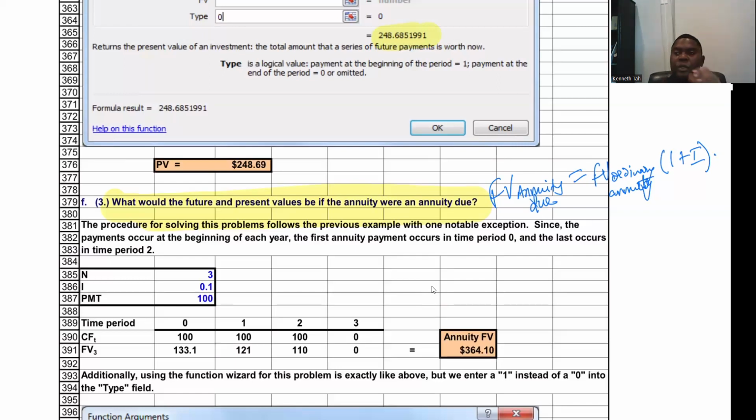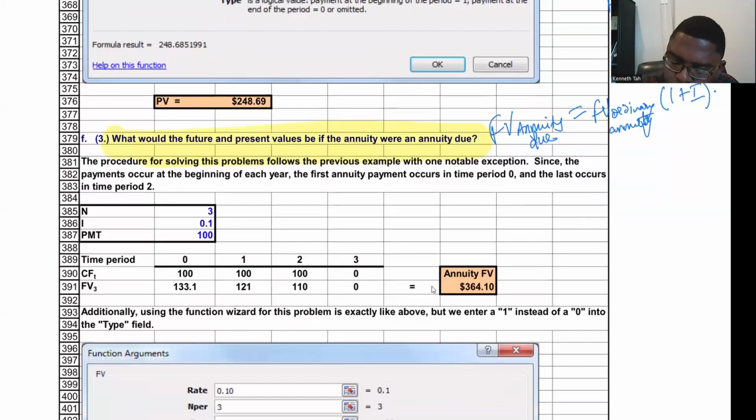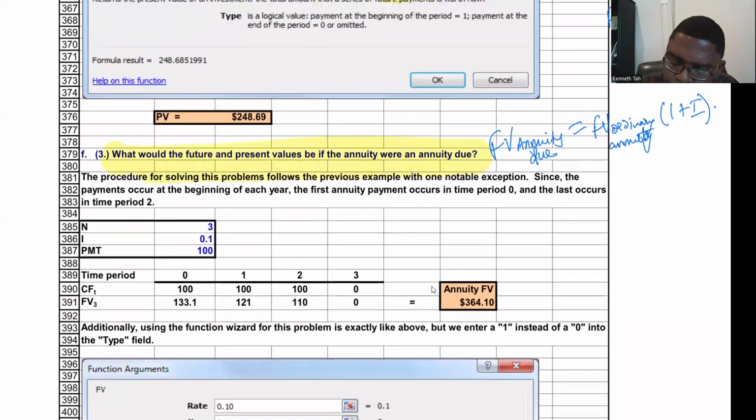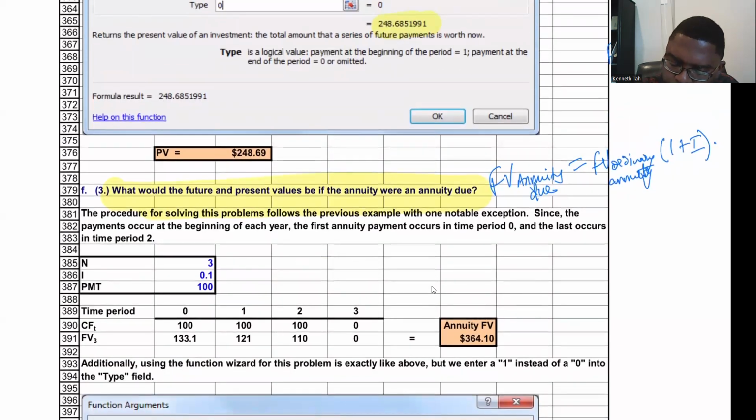So notice when we do time value of money, future value is growing by 1 plus I. So future value is present value growing by 1 plus I. So since there is one additional compounding period with an annuity due, then an annuity due will be an ordinary annuity times 1 plus I.